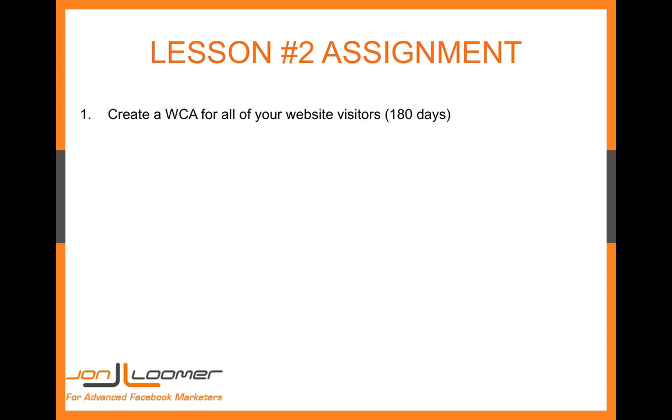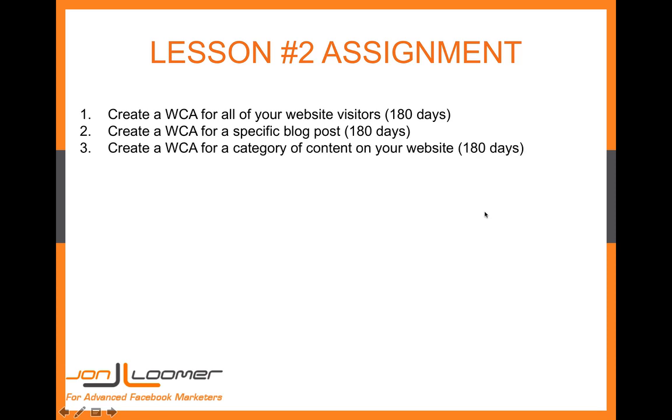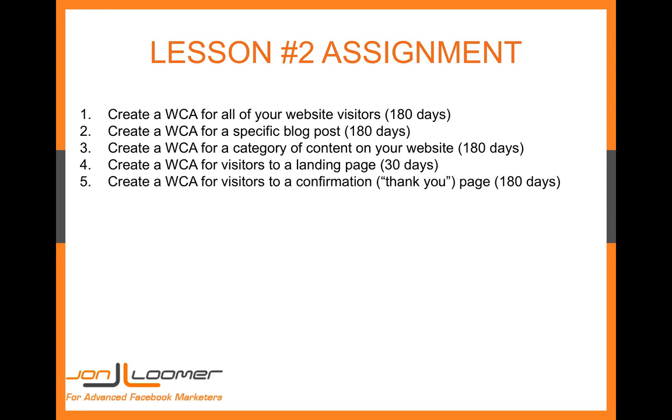Last week's assignment was to, first of all, create a website custom audience for all of your website visitors over the last 180 days. Second, create a website custom audience for a specific blog post. Third, create one for a category of content on your website. Fourth, create one for visitors to a landing page.